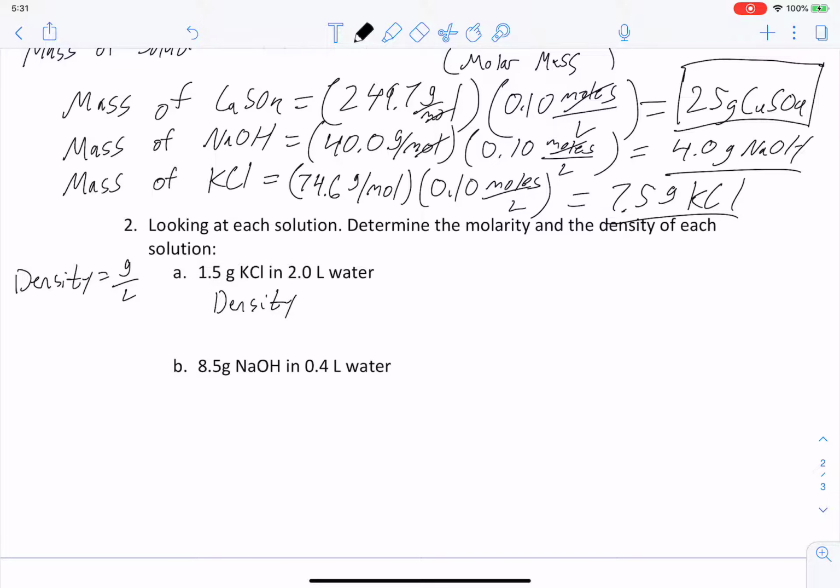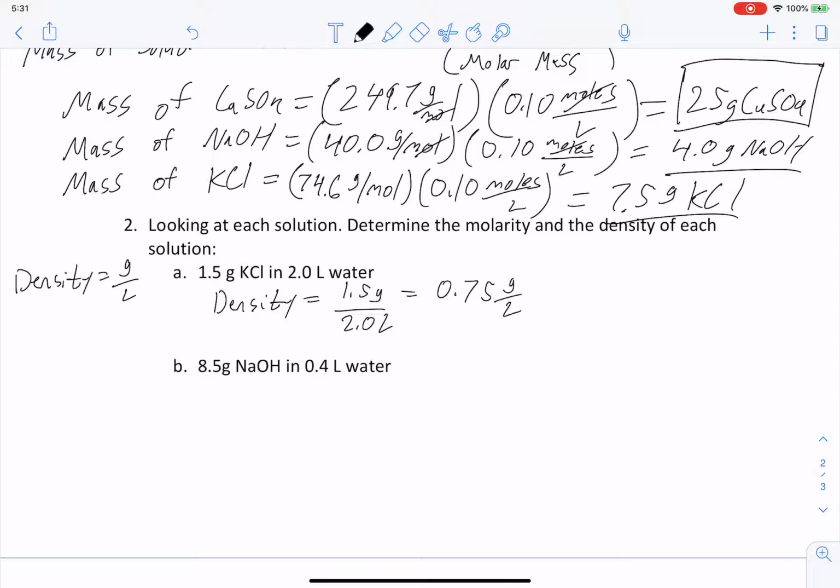For the first one, 1.5 grams divided by 2.0 liters, we should get 0.75 grams per liter. That's our density for this one.